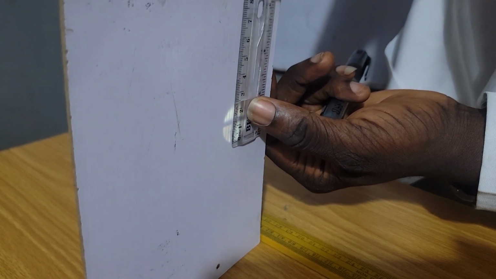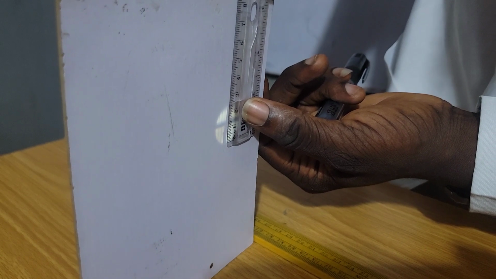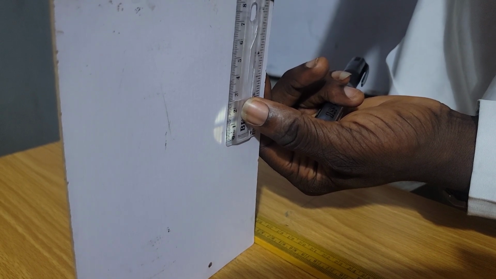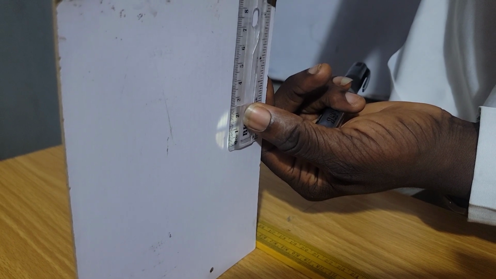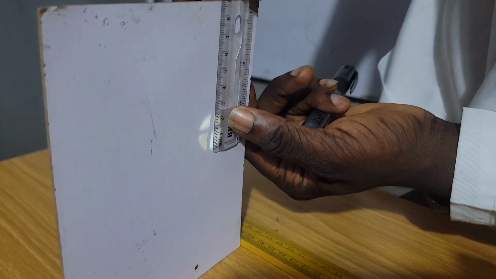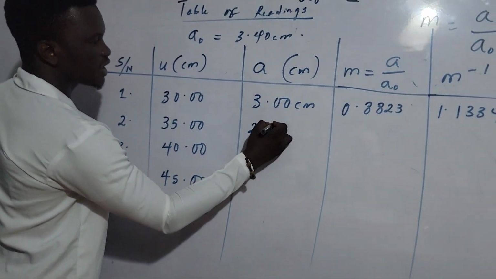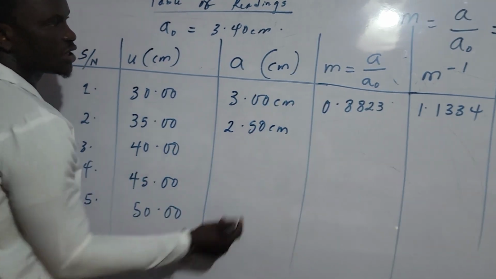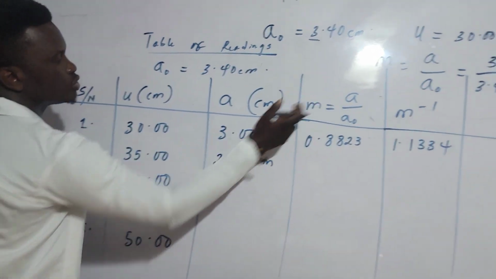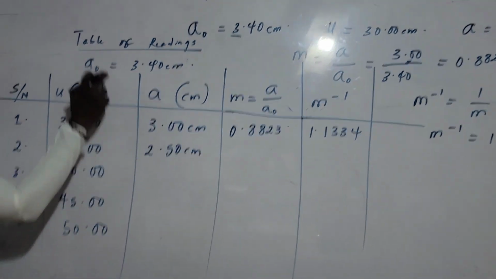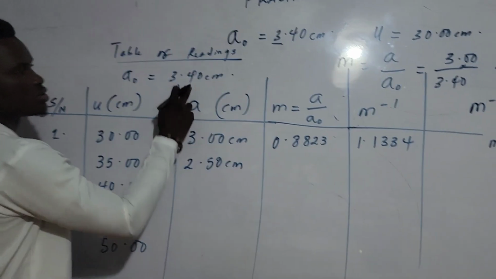Don't want it to keep shaking because it will reduce the size. That's around 2.5, so what we have here is 2.50 centimeters. So we'll do our M, that's 2.5 divided by 3.4.